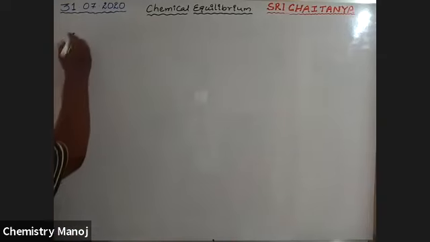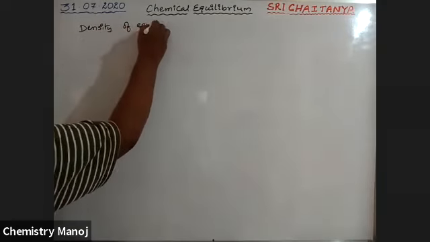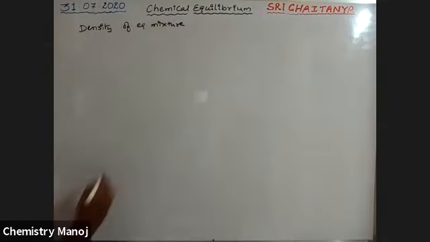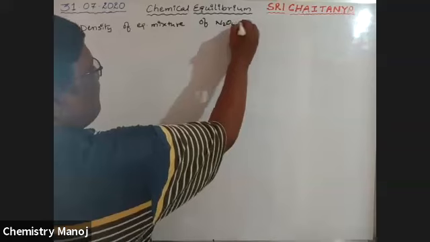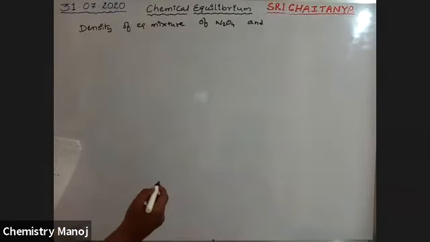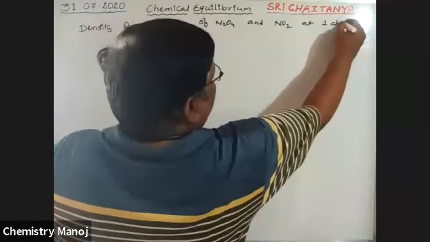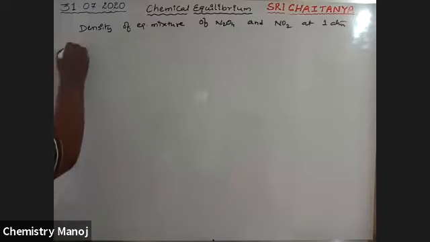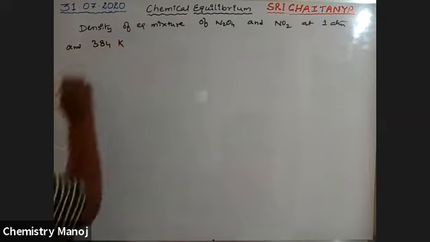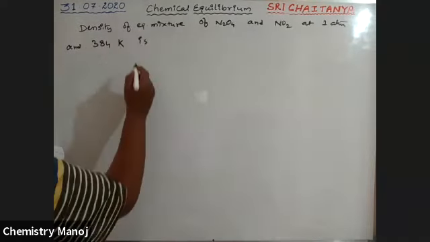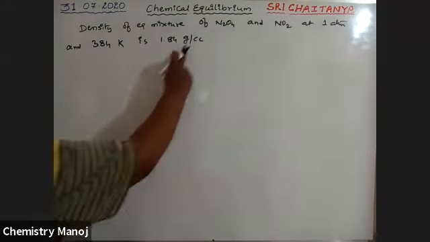Density of equilibrium mixture. Density of equilibrium mixture of N2O4 and NO2 at 1 atmosphere and 384 Kelvin is 1.84 gram per decimeter cube.